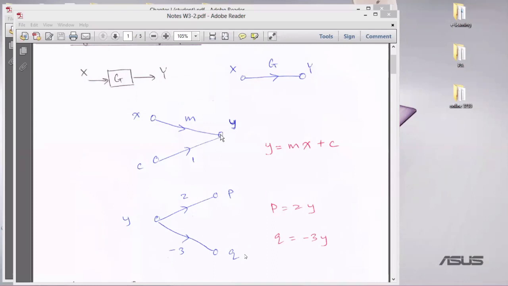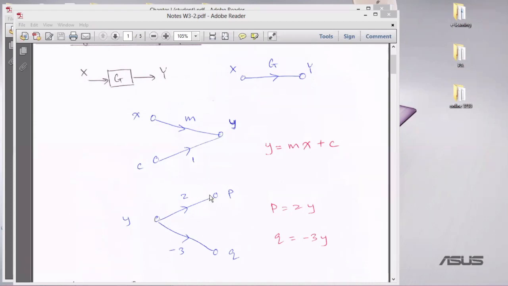The signal at a node here is the summation of all incoming signals. So the value of y here, you can see, is x multiplied by m plus c multiplied by 1. So y is equal to mx plus c. And then the signal at a node is transferred to all outgoing branches. So P here is 2 multiplied by Y. Q is -3 multiplied by Y. Even though you have two branches here, you don't split the signal in half.